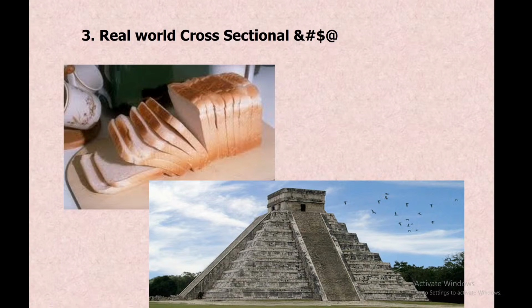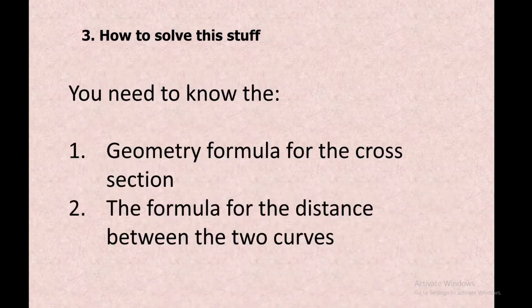Like if you're on robotics, you probably realize so many of the parts you use have either rotational symmetry or cross-sectional symmetry. Even the ancient Mayans used cross-sections to build their pyramids, like Chichen Itza here, which technically wasn't a pyramid, if you want to get technical, but whatever.